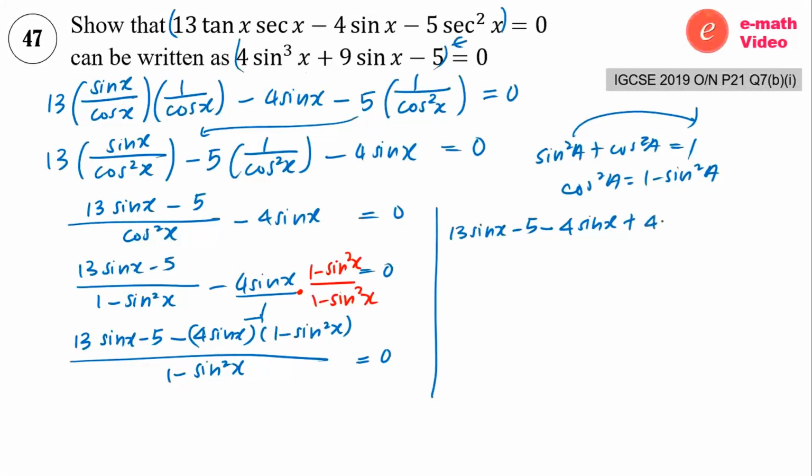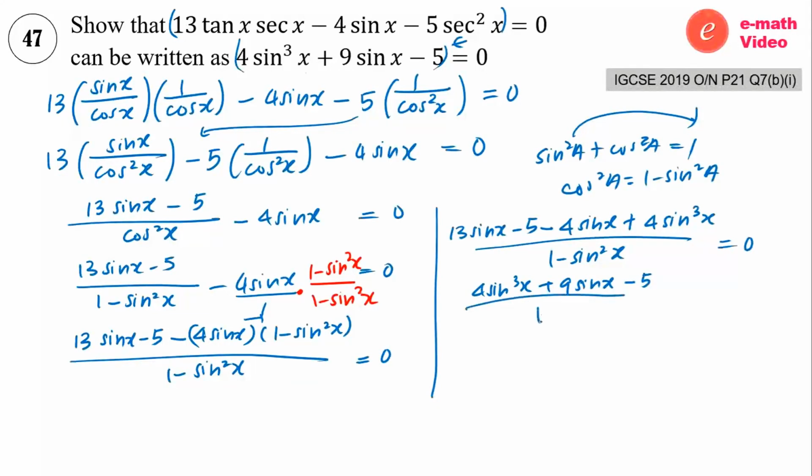Plus 4 sine cube x over 1 minus sine square x equals to 0. Collect all the like terms. 4 sine cube x I write in front. 13 minus 4 is 9 sine x. Then minus 5 over 1 minus sine square x equals to 0.